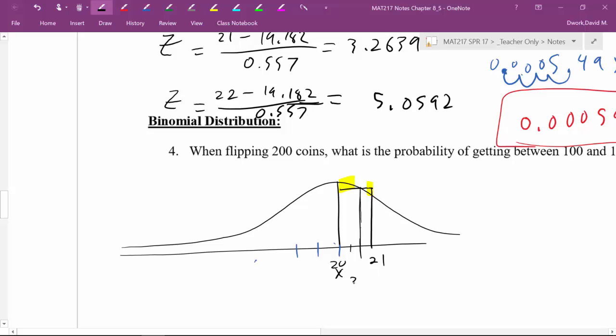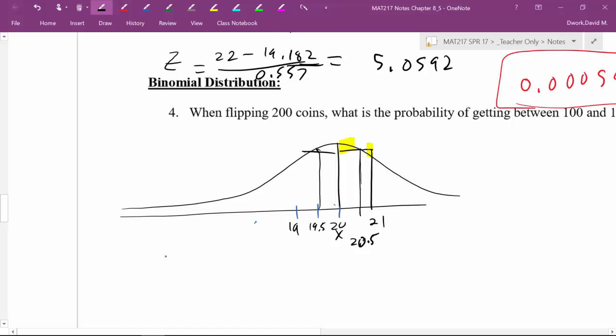Then the midpoint would be 20.5, right? The halfway in between would be 20.5. So going the other way would be very similar. So if 20 was my value and 19 was my next value, then the midpoint, assuming I actually drew that nicely, would be 19.5. So what we're going to do is say, all right, you have some probability that the person's going to ask about.